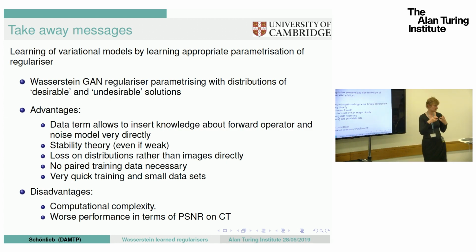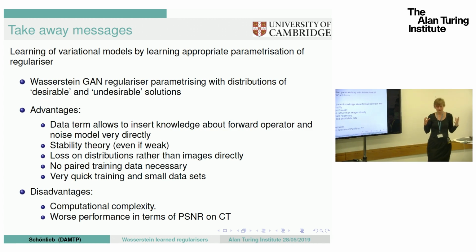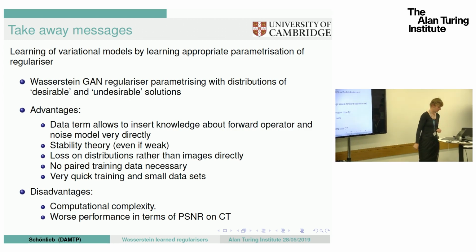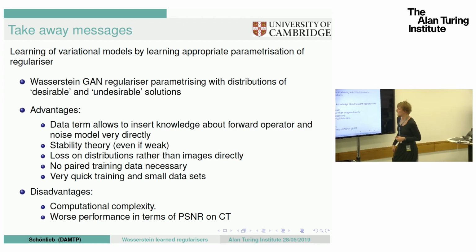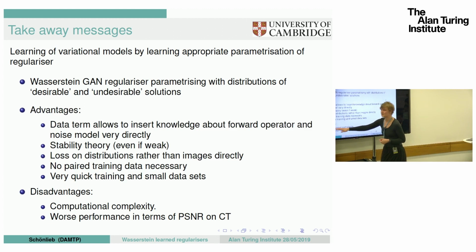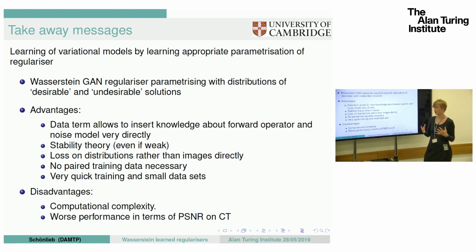The reason, conceptually, is that in the end you are solving a variational regularization approach where the forward operator and the data come in a very explicit fashion, so you really have the regularizer as some kind of prior. Disadvantages: one reason why people in inverse problems are interested in neural networks is that once they're trained, they're very fast.